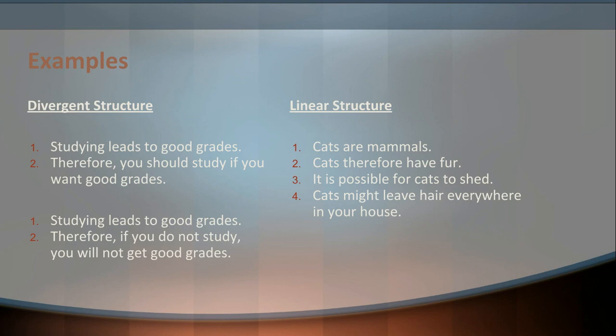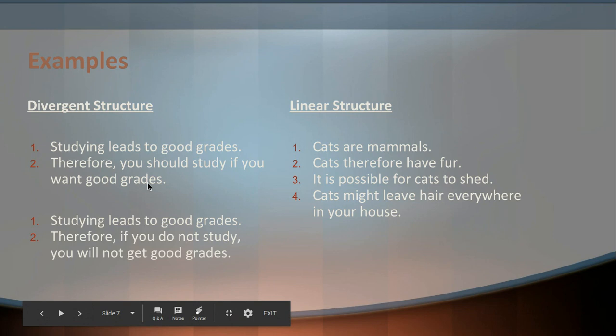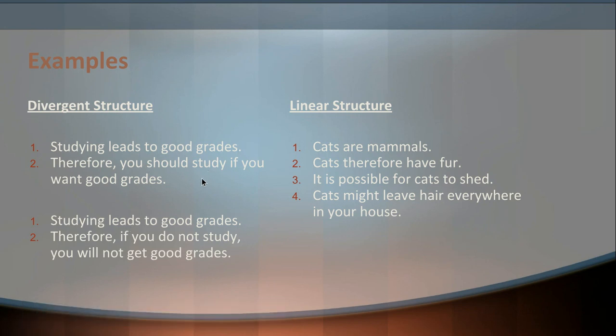Arguments that have a divergent structure would be ones like these here on the left. Studying leads to good grades, therefore you should study if you want good grades. And then entirely separately, studying leads to good grades, therefore if you do not study, you will not get good grades.